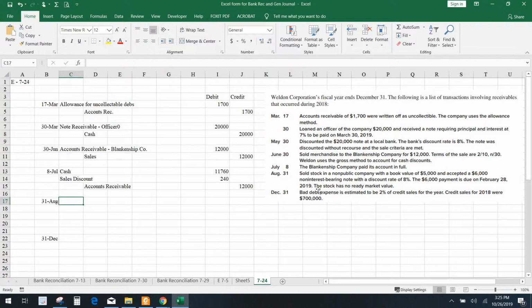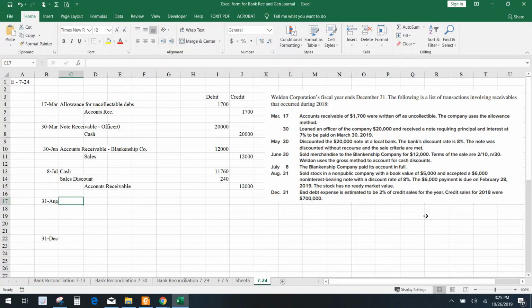They sold a stock for $6,000. They paid $5,000 for it, so there's a $1,000 gain, but there's an 8% discount, so we have to take the discount from the $6,000.